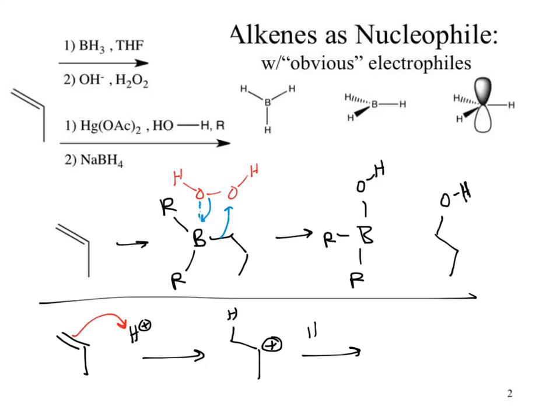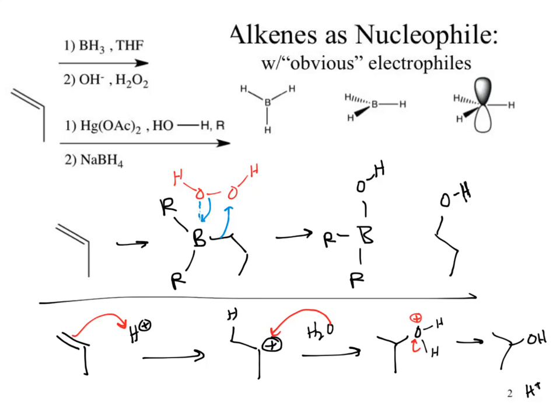If we added water, what happens? Our oxygen acts as a nucleophile, attacks the positive. We'd have a positive charge on our oxygen. Does it want to be positive? So what's it do? It steals electrons from our hydrogen to form our final product, OH, and we get our H+ floating back as a catalyst.